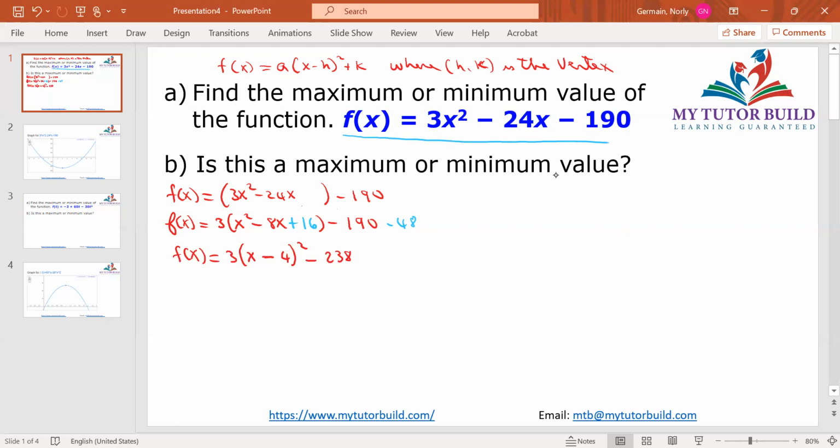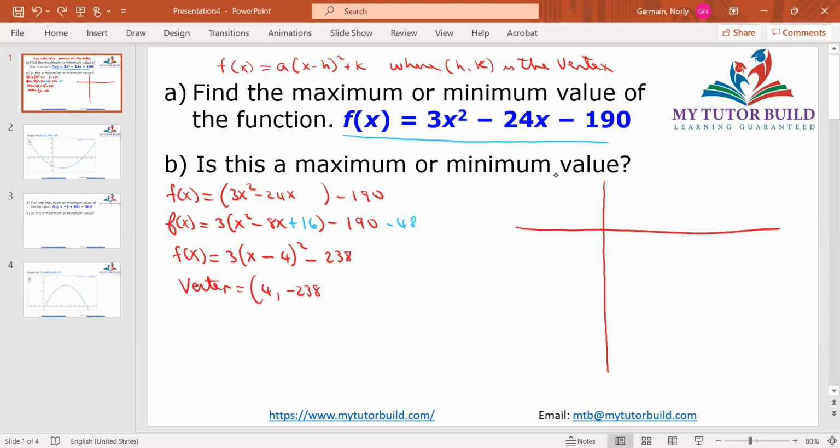The vertex here is (h, k). Remember that the vertex now is (4, negative 238). Remember, when you graph that function, once we identify 1, 2, 3, and 4, okay, I'm going to make it smaller.